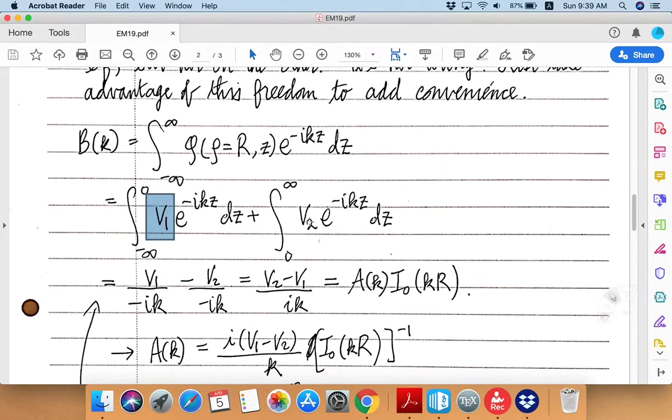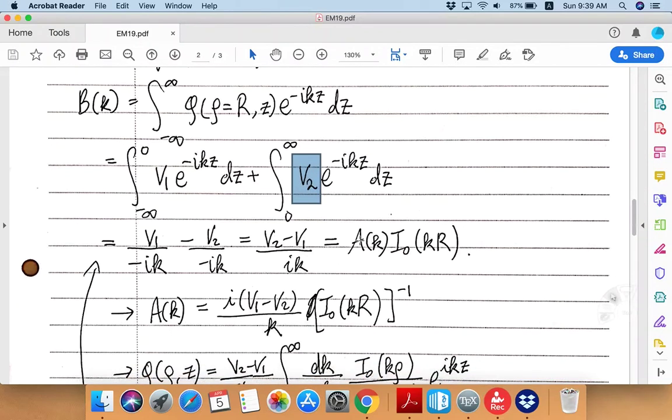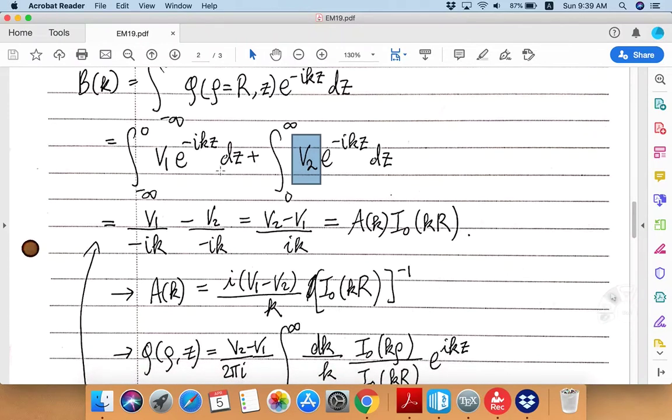And on the positive side, this potential reduces to another constant V2. So then this integral is really simple. This is probably the simplest integral you can imagine performing, and that's the result. This is the overall result of the integral.